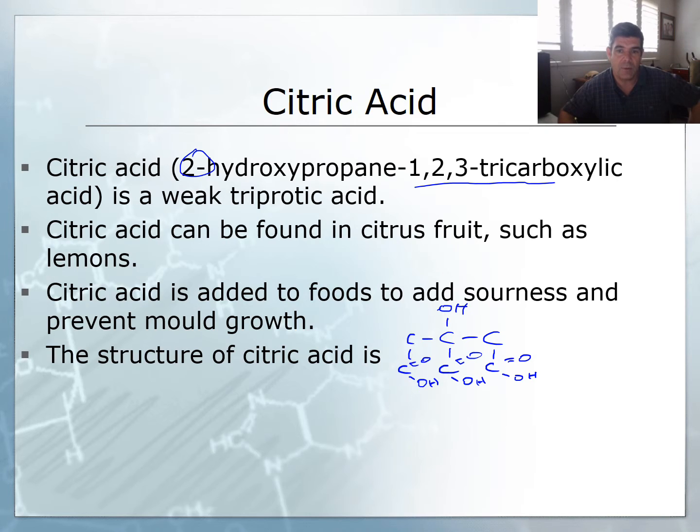And then again, you make sure that every carbon has 4 bonds. Oxygen will have 2, hydrogens will have 1, and the carbons will have 4. So with these ones, 1, 2, 3, 4, that's okay. Down here, 1, 2, 3, 4, they're okay as well. So this mess here is citric acid.